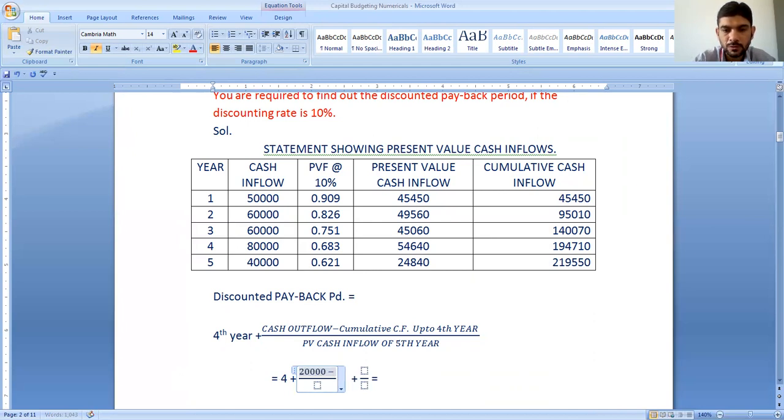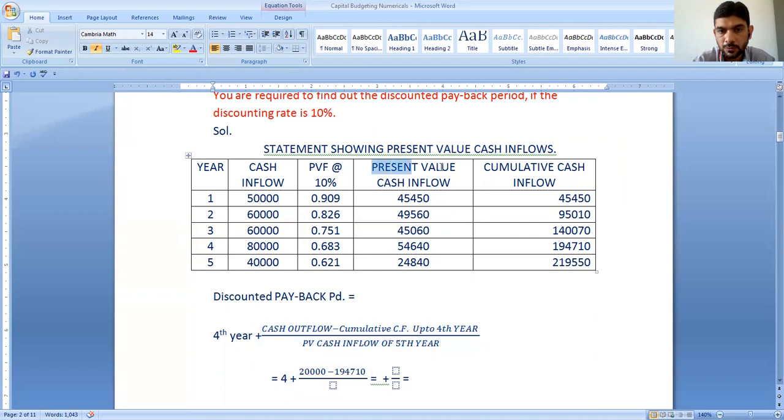Cash outflow is 2 lakh minus cumulative cash flow up to the fourth year, which is 1,94,710, divided by present value cash inflow of the fifth year.